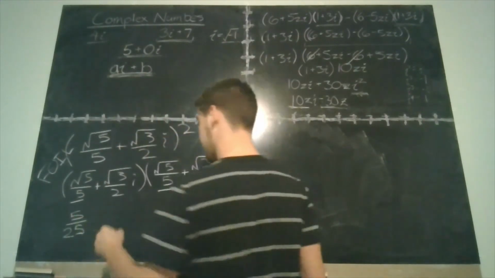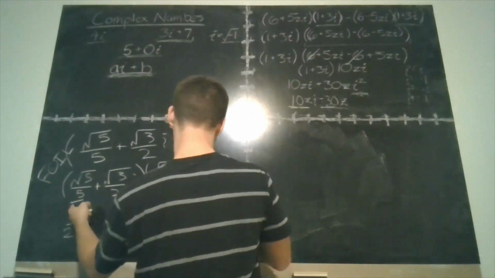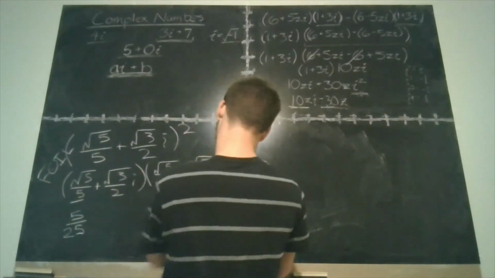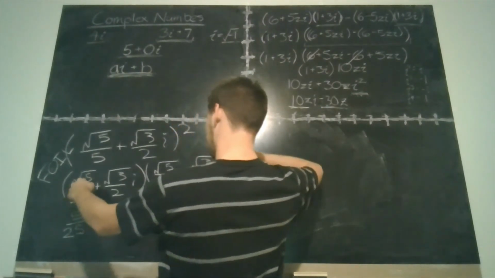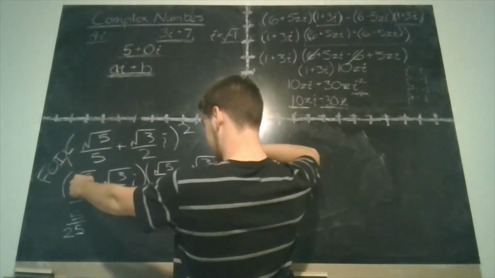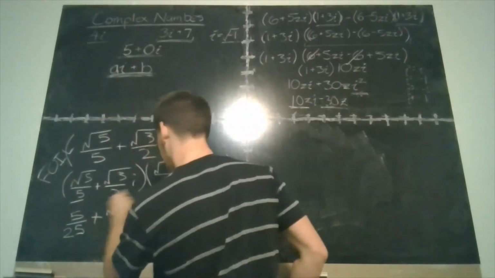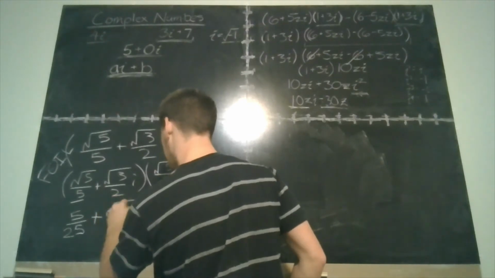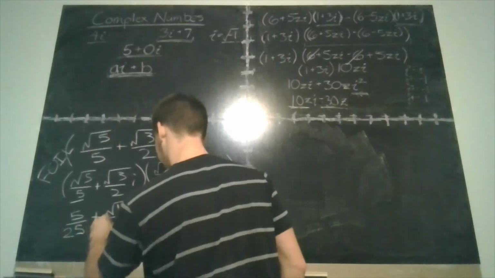And then after that, we've got plus outer, so radical 5 over 5 times radical 3 over 2i. In the same way, we can just multiply these radicands together, which are the things under the radical, giving us root 15 divided by denominator product, which is 10.